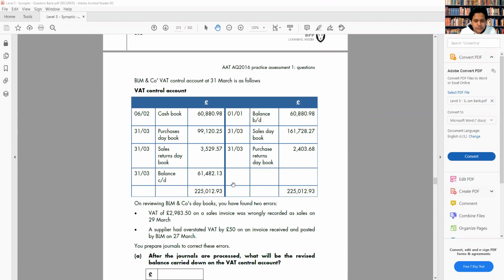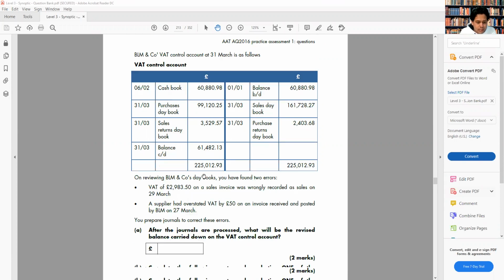VAT control account. They are saying we have an opening balance of 60, and the sales day book, purchase return day book, cash book, purchase day book, sales return day book, and the balance CD. We have all the information anyway, but the question says there are two errors they found. On reviewing BLM and Co day books, you have found two errors. What are these two errors?